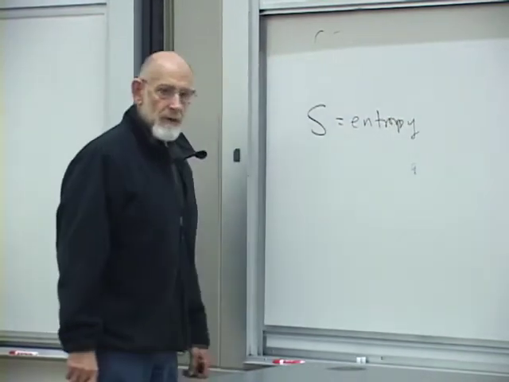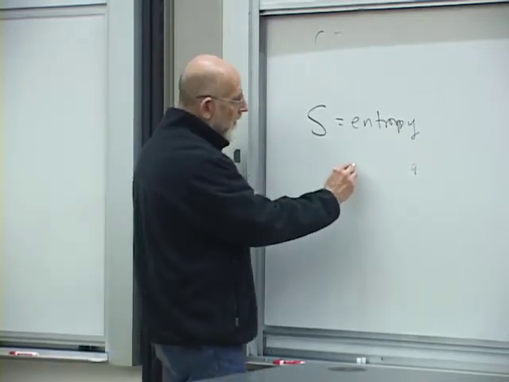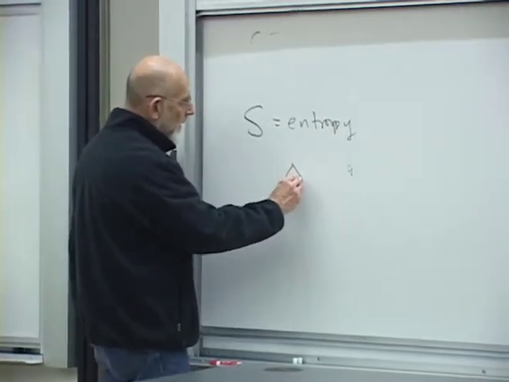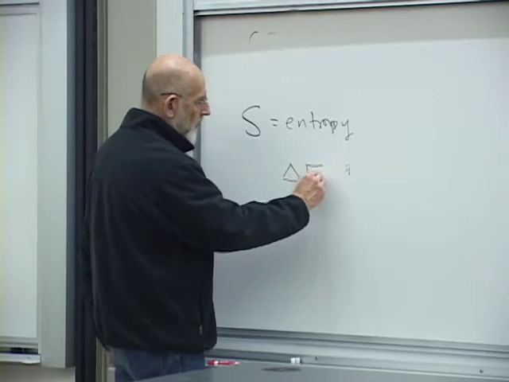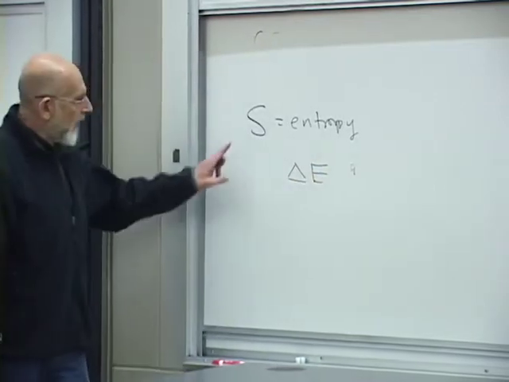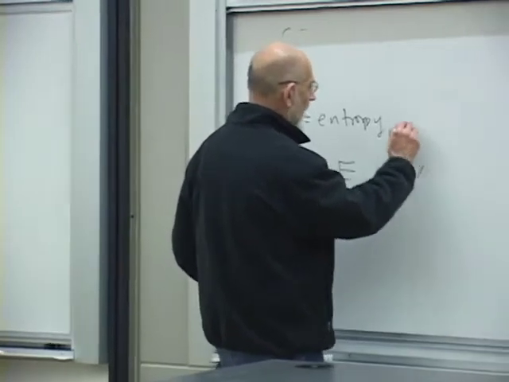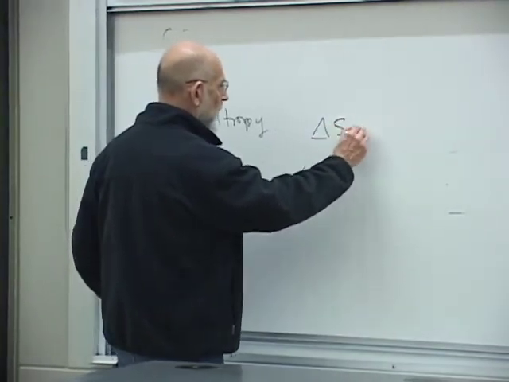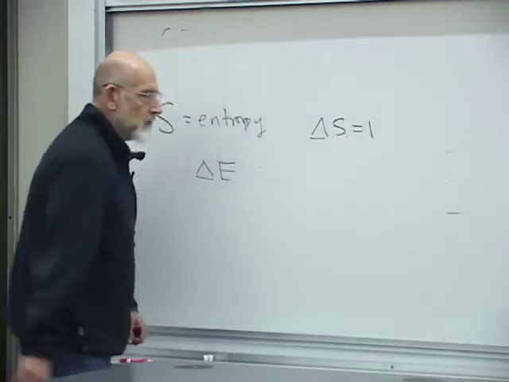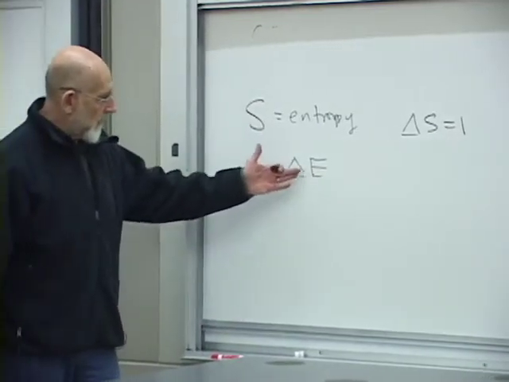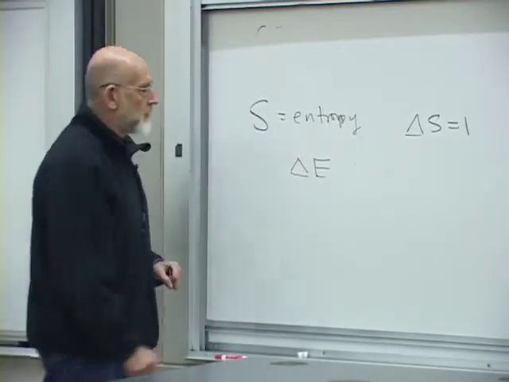Okay, now what I told you is that the change in the energy, let's call it delta E, when I add one bit, that means when delta S is equal to 1, if delta S is 1 unit, then the amount of energy that gets added to the system is called the temperature.